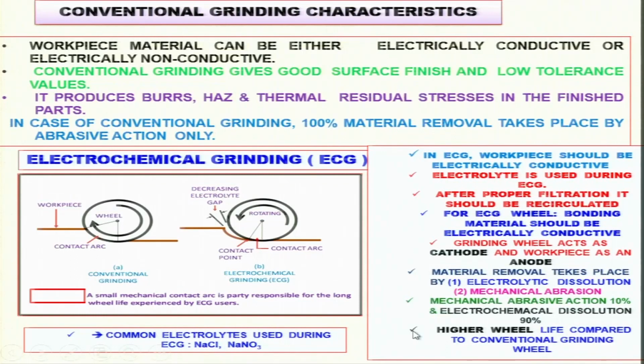Wheel life is higher compared to a conventional grinding wheel, because only around 10-15% of the material is removed by the abrasive action and the rest is removed by electrochemical reaction or dissolution. Hence, wheel life is higher than in the case of conventional grinding.